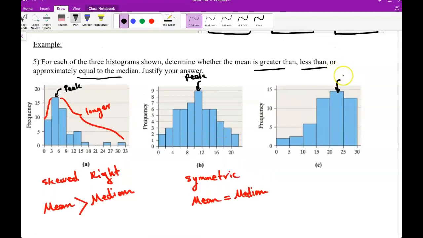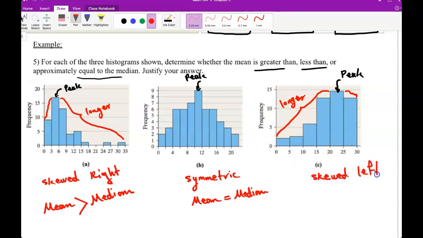Now here is the highest frequency that we have, and this left tail is longer than what we have on the right. So we have skewed left. Since we have skewed left, the mean is less than the median.